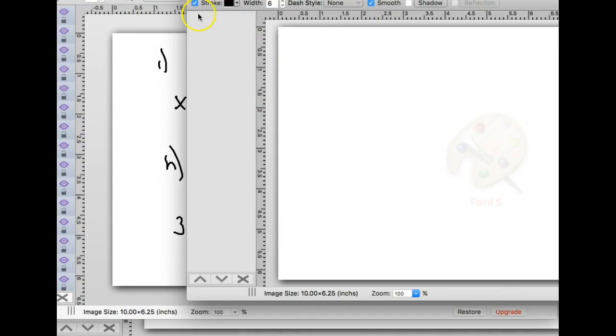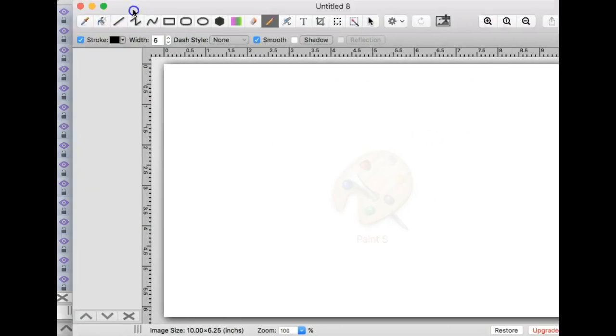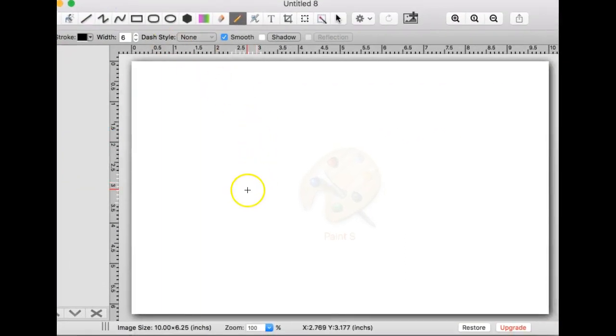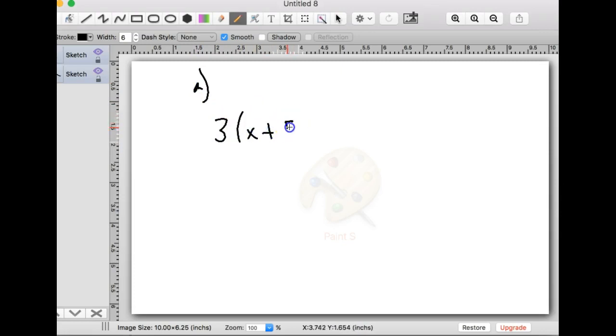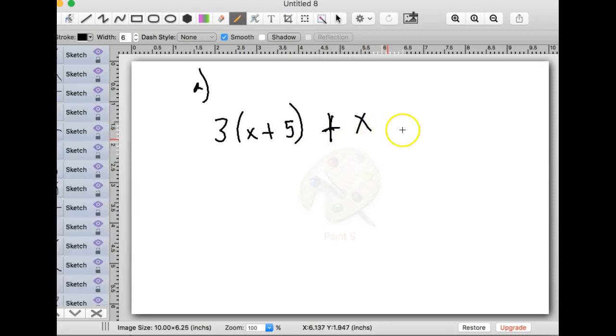Okay, so let's look at the next section. For example, a, we have 3 times x plus 5, plus x times x plus 5. This really is one term here, and this is another term.